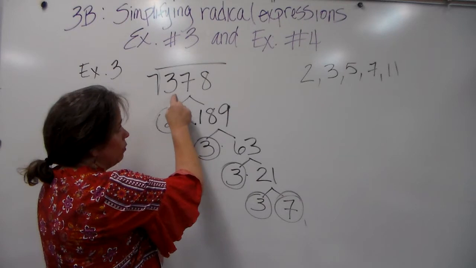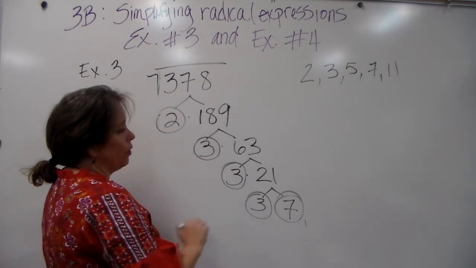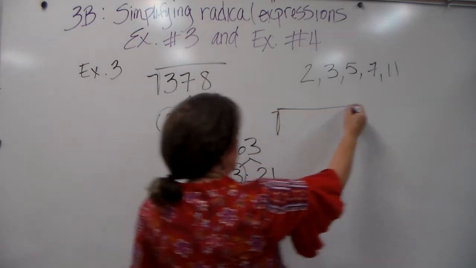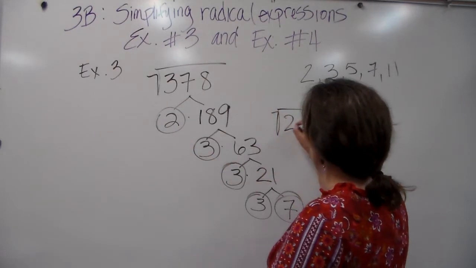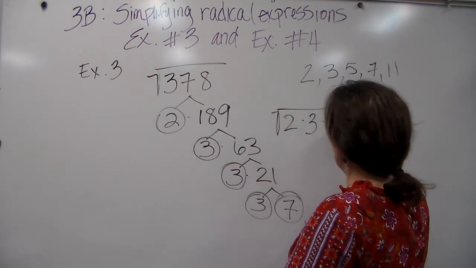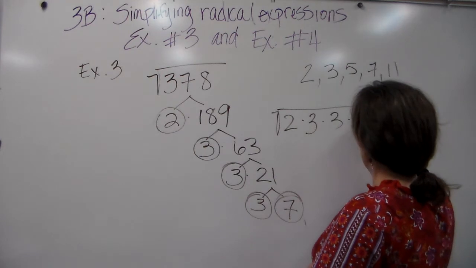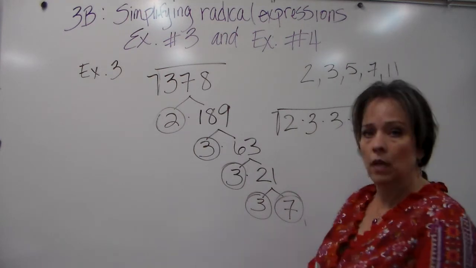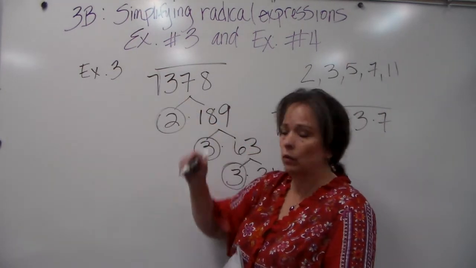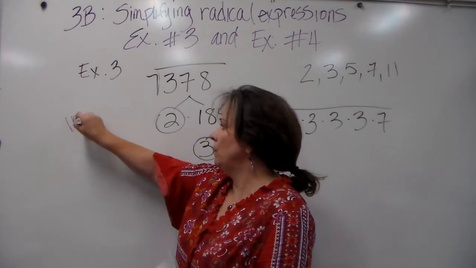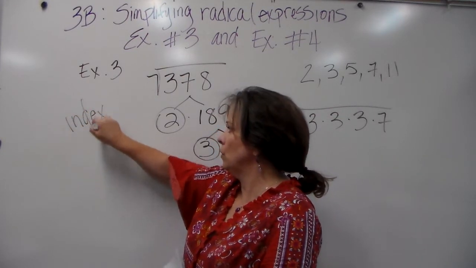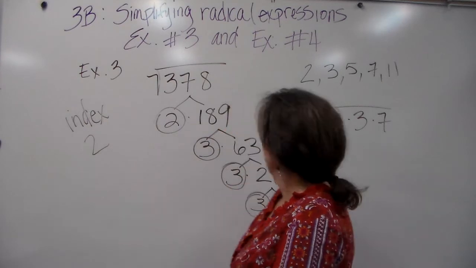That means I can rewrite the square root of 378 as 2 times 3 times 3 times 3 times 7. And because it's a square root, or we have an invisible index of 2, right?